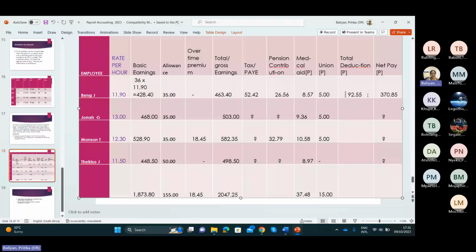When you subtract the total deduction from the total gross earning, the net pay is 370.85. Just calculate at the same time so that you can understand how we are calculating this figure. Okay?